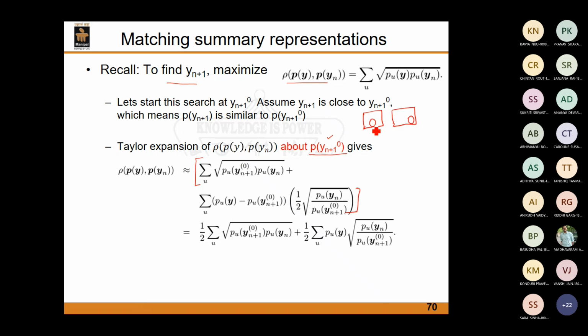Whatever you have here is my y n, or where exactly the location is for the current frame. Now this particular location is going to be y n plus 1.